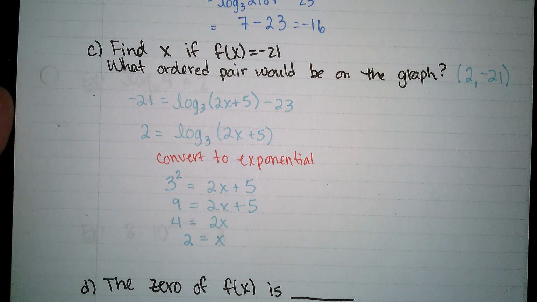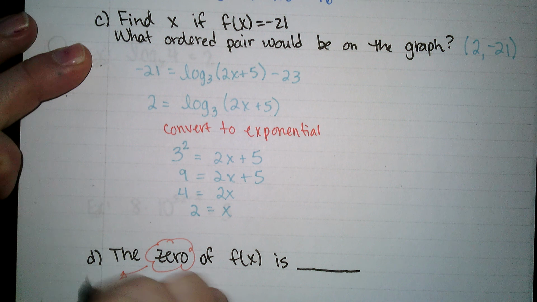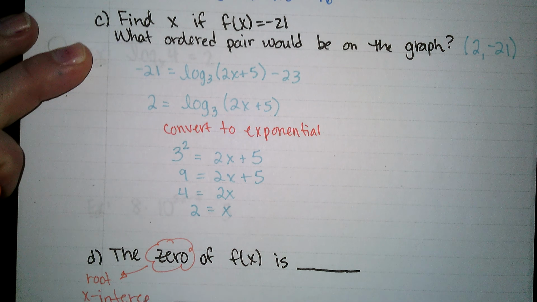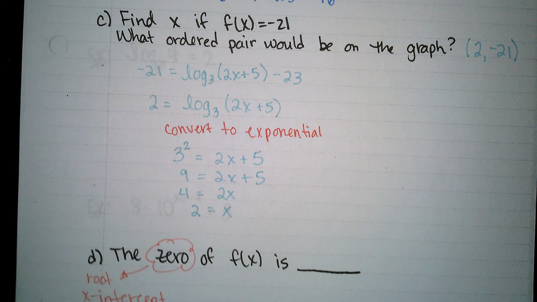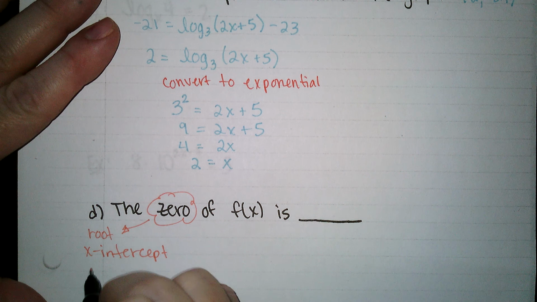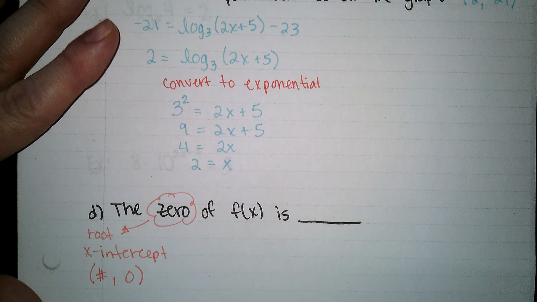Now it's asking us to find a 0. Well, another word for a 0 is a root or an x-intercept. So a 0 or a root or an x-intercept has the format some number, comma, 0.